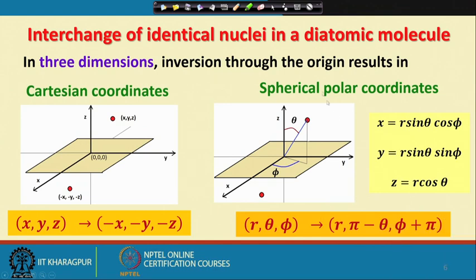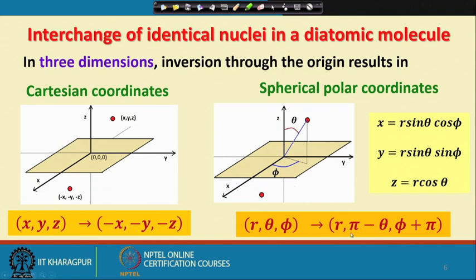Obviously, inversion preserves the distance from the origin and therefore r remains unaltered. Then if you think about theta, instead of being here, now theta is going to be this distance and the angle it makes with the positive side of the z axis.